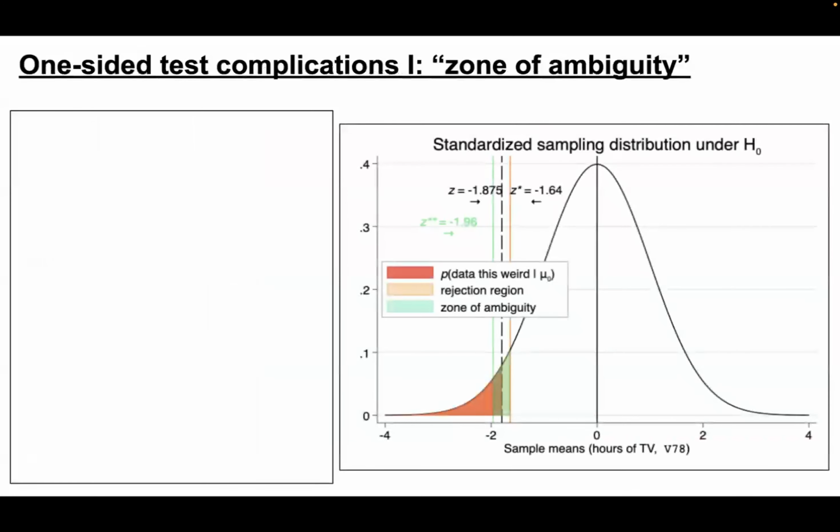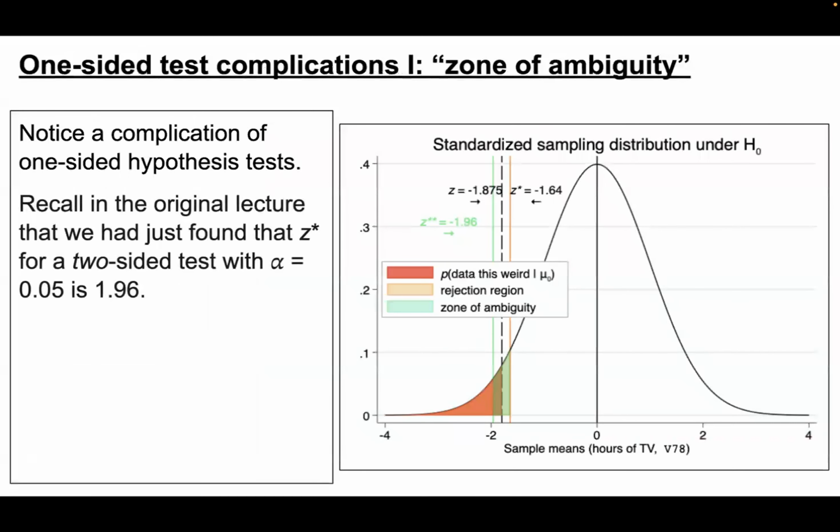Remember some complications of one-sided tests, too. So note that there is this zone of ambiguity here. In the original lecture where this graphic comes from, remember that the critical z for a two-sided test with alpha of 0.05 is 1.96, right? Corresponding to a confidence level of 95%. That's also our critical z.